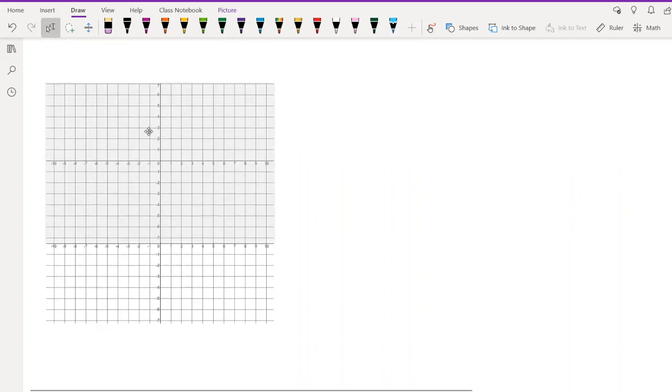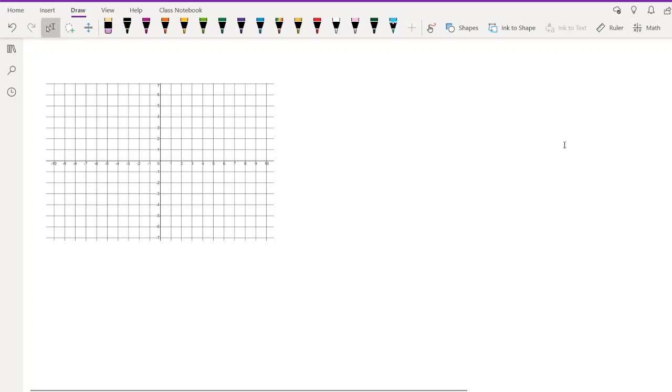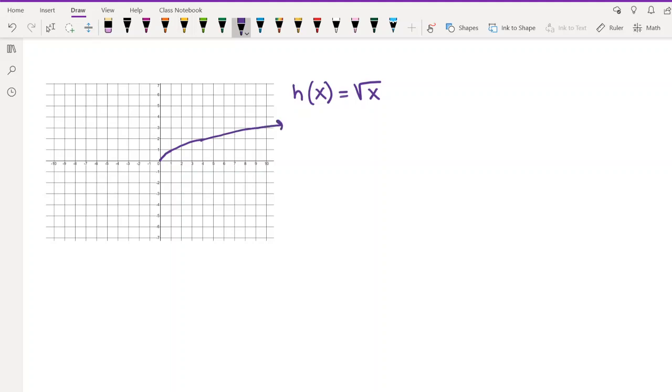Okay, so let's do our last example, which was h of x is equal to square root of x. That graph looks like this. In this case, we are supposed to graph h of negative x.